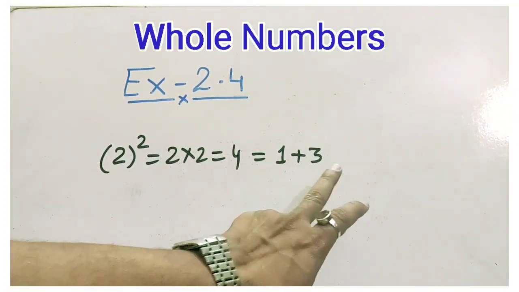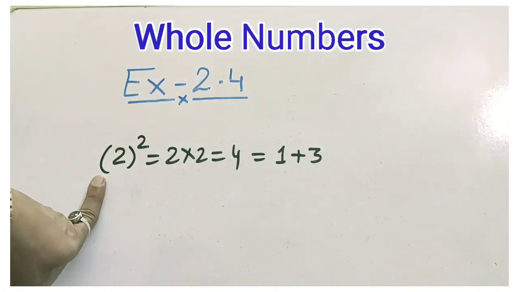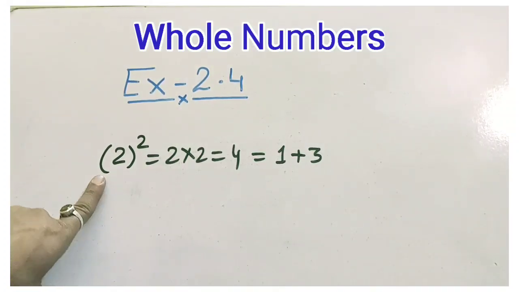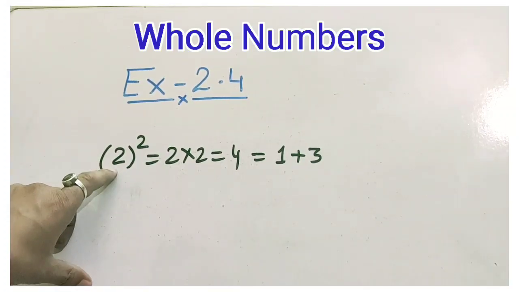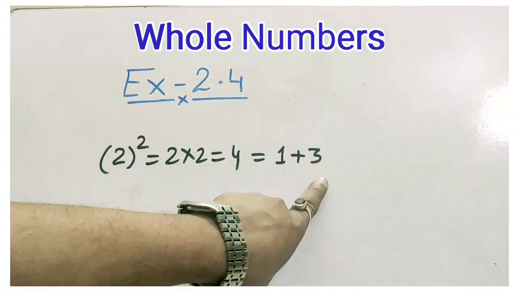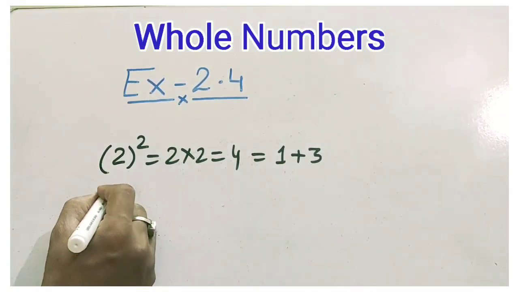It means 1 plus 3 is equal to 4. As we have seen in the previous video, the square of any odd number can be represented as a sum of odd numbers. But here we can see that even the square of an even number can be represented as a sum of odd numbers. Okay, the next even number is 4.